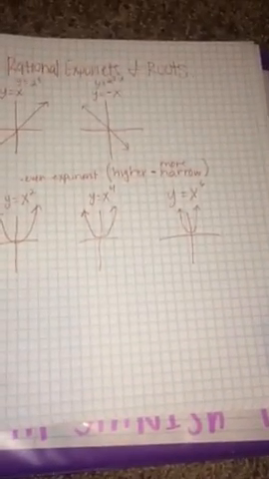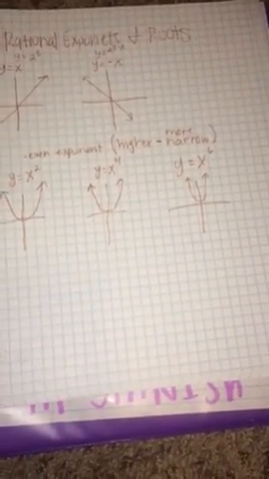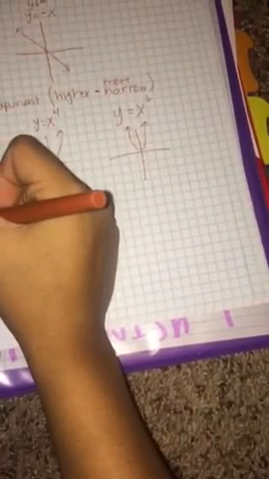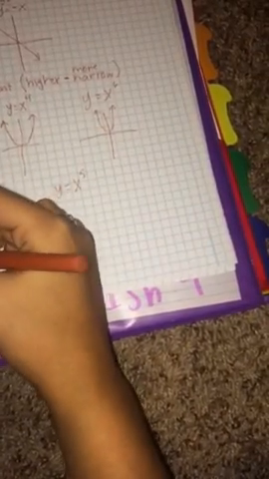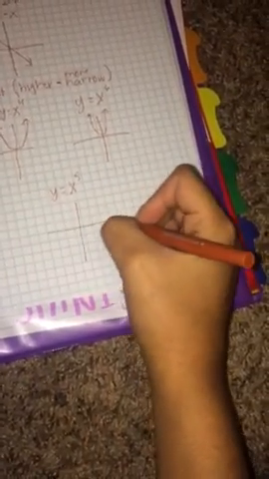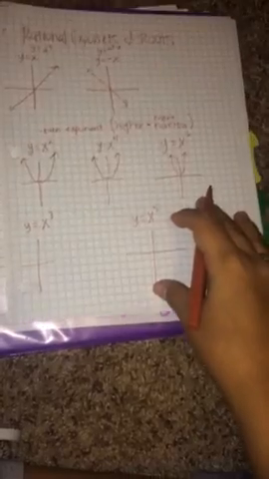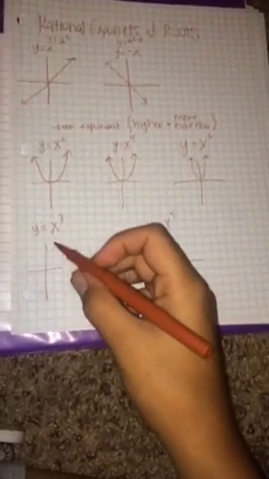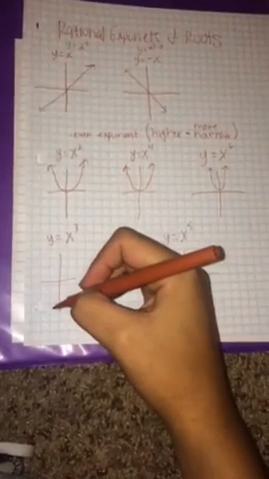Now, what about the odd exponents? If we had y equals x cubed and y equals x to the power of 5. Let's look at what it's like when it's with odd. This one is like so.